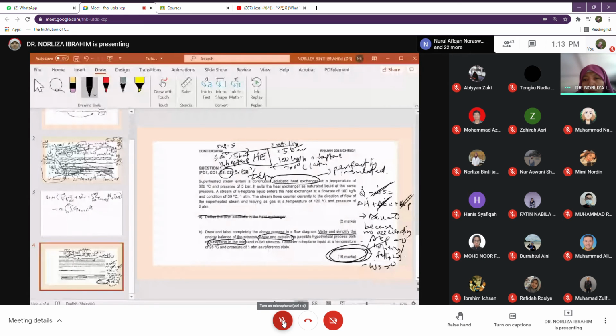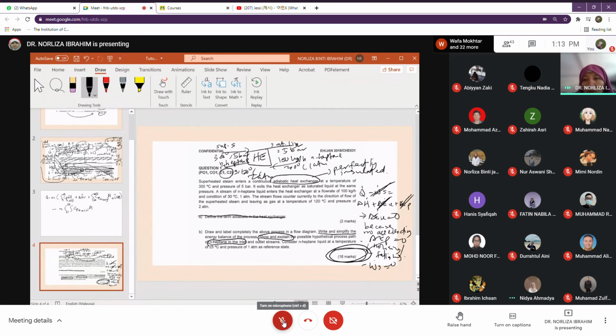How many paths? 1, Doctor. 1, yes, Nidia. Because your reference state is N-heptane liquid, 25 degrees C, 1 atm, and your inlet for the N-heptane is liquid, 30 degrees C, 1 atm. So it's only a temperature change.